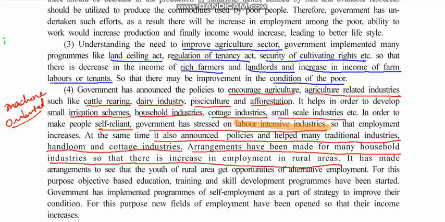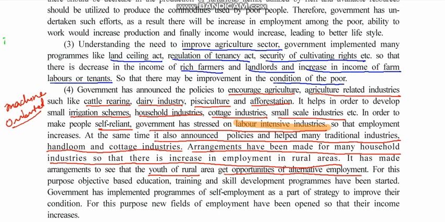It has made arrangements so that the young people of rural areas get the opportunity of alternative employment. If you remember, the lack of alternative employment was one of the reasons for poverty. So if the youth get the opportunity of optional employment when they don't have farming to be done, it would also help the family run their livelihood.